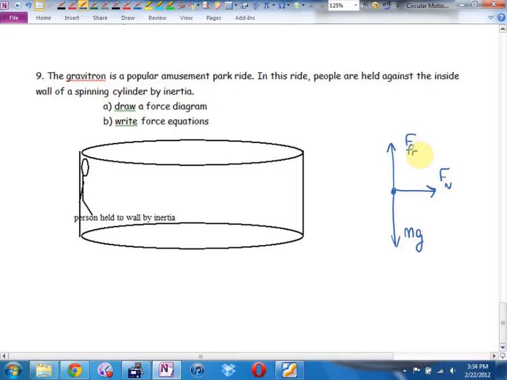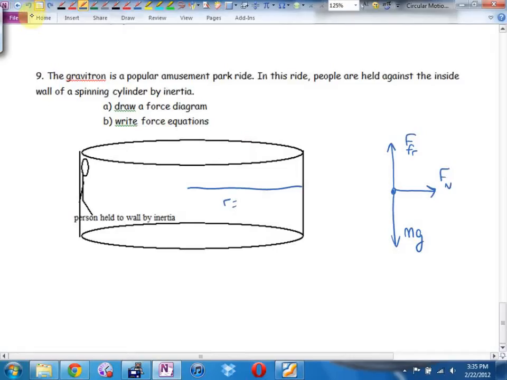So what kind of questions could I ask? Well, if I gave you the radius, let's say, I'm just making this up, 2 meters, is that way too small? Anybody been on this ride? What's the radius, rough guess?